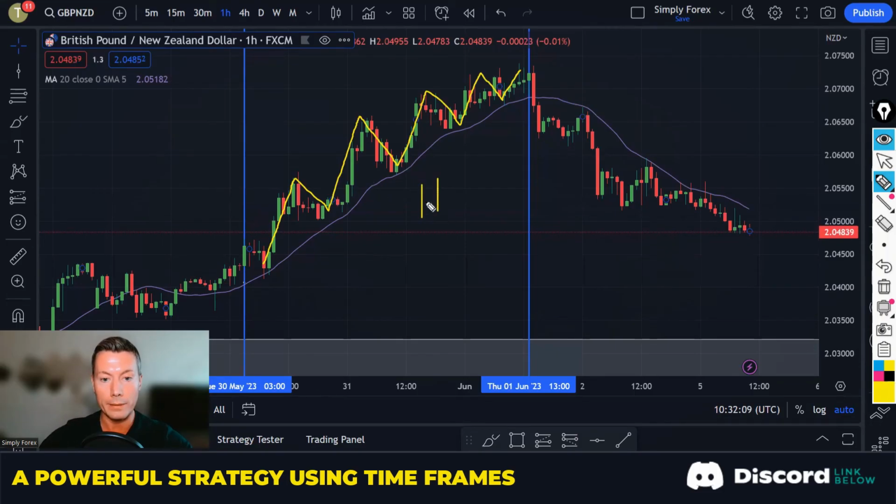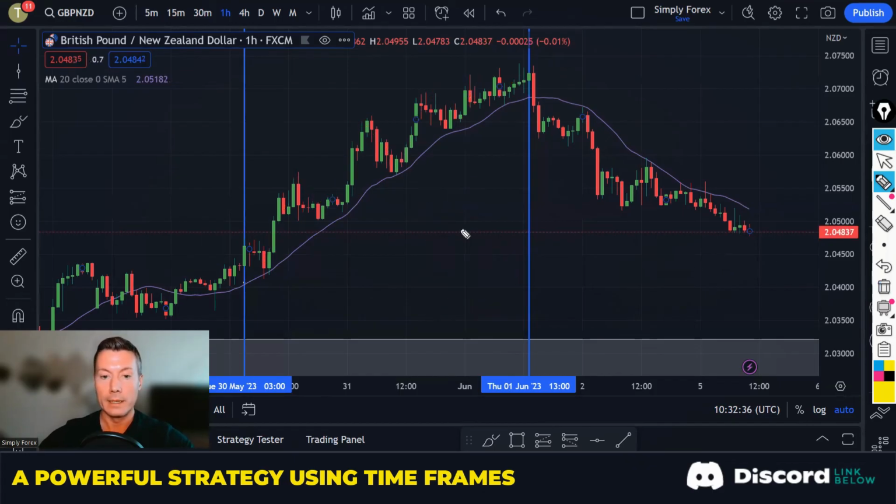So H1 is in an uptrend. And then the same again, we just need to see M5 in an uptrend, and we need to see price above the moving average 20 for an uptrend. Very simple, guys. Like I said, the premise of it is simple, but the basis of this strategy is powerful, guys.